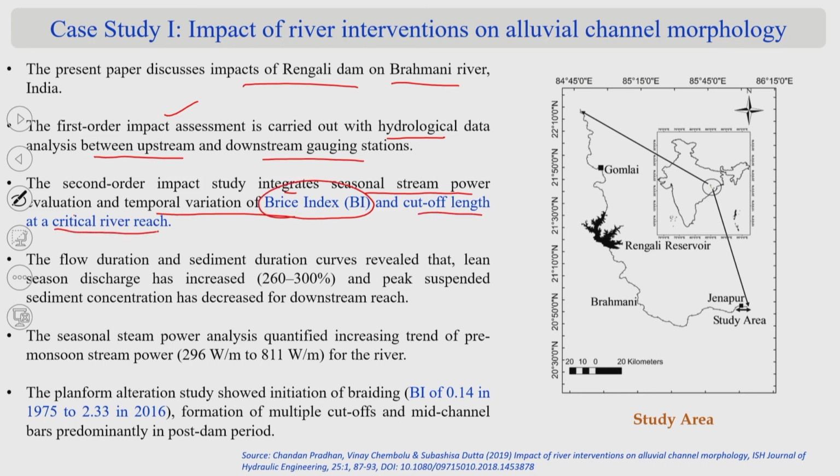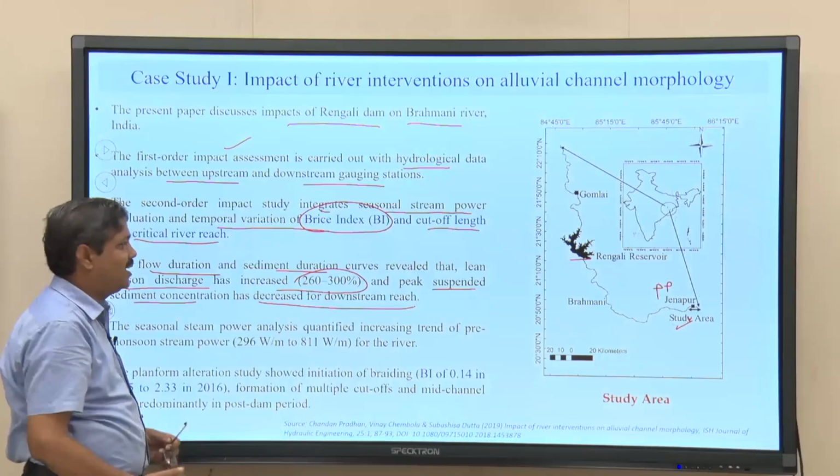What we found is that if I do these flow duration and sediment duration curve analyses, the lean season discharge has increased 300 times. Because of this Rengali dam, the lean flow discharge has an increasing trend, almost 300 times. The peak suspended load sediment concentration has decreased at the downstream reach, which is expected because reservoirs are there.